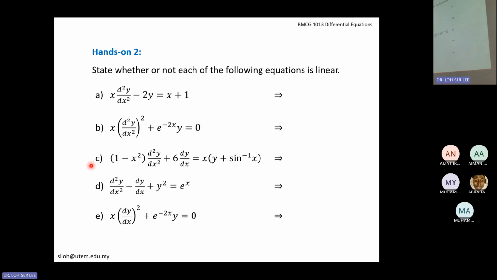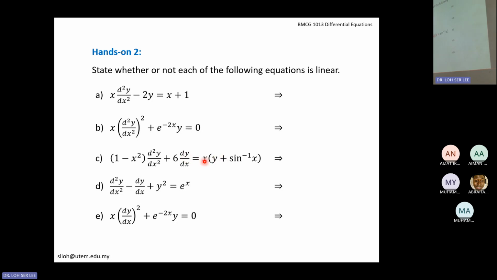Okay, C. Is it linear? The answer is linear. This derivative appears to degree of 1. This one also degree of 1.